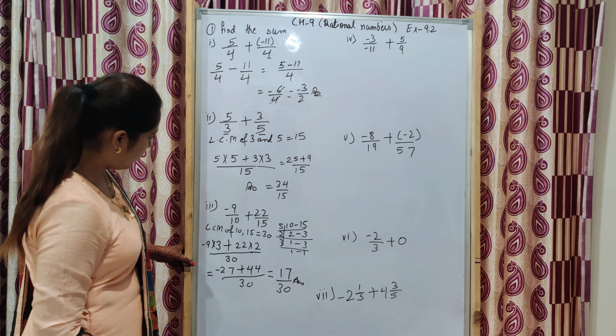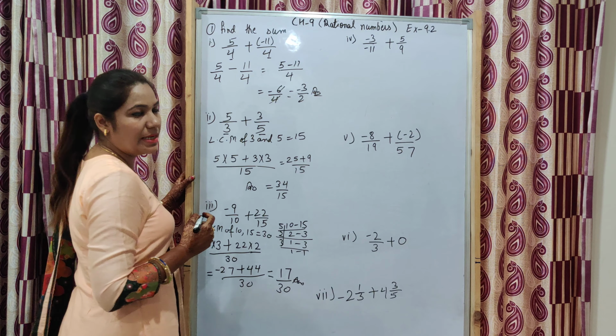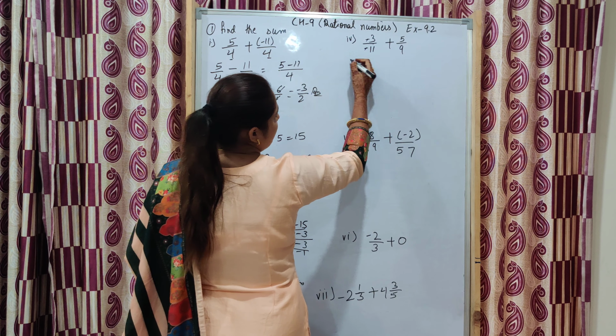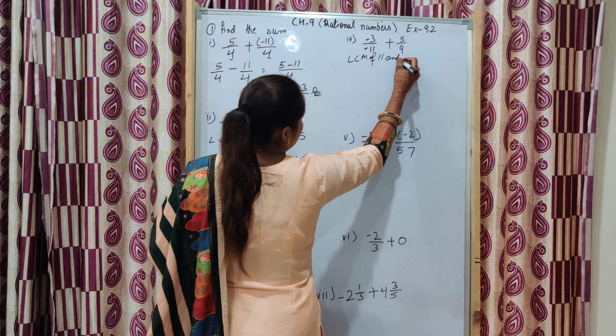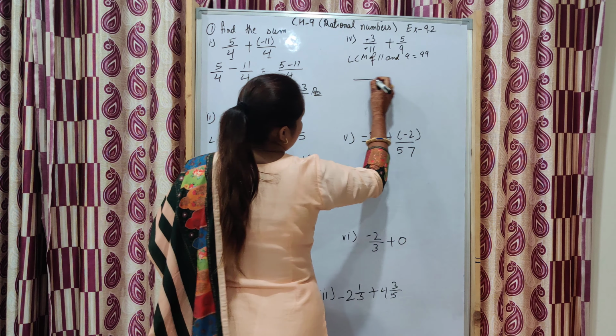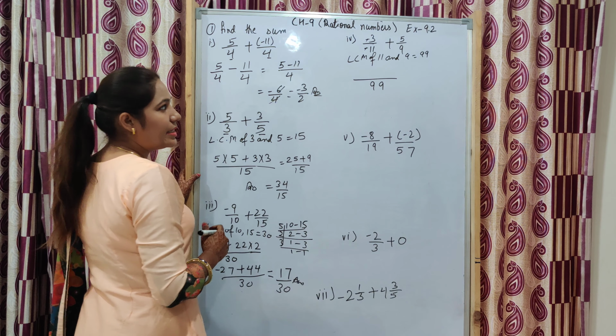Now next part, fourth. Minus 3 upon 11 minus minus 9. Minus minus will be cancelled out. Plus, now take the LCM of 11 and 9, that is 99. LCM 99. 99 divided by 11, we will get 9.